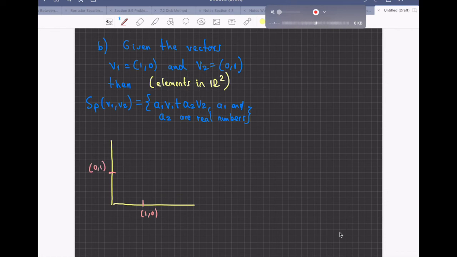Then if you consider the sum of these two, remember the sum of two vectors is the diagonal of the parallelogram created by them. So in this case, the span of B1, B2 is only a line.